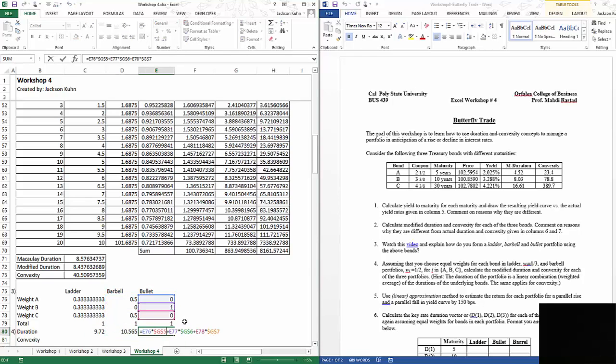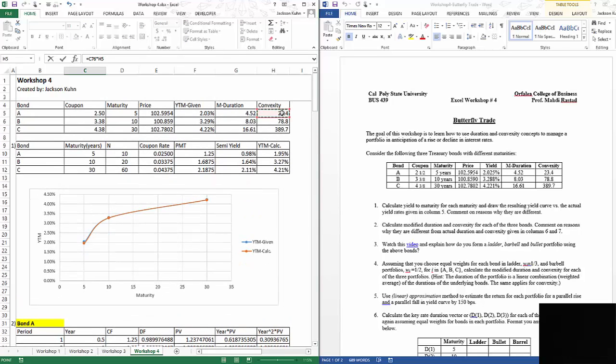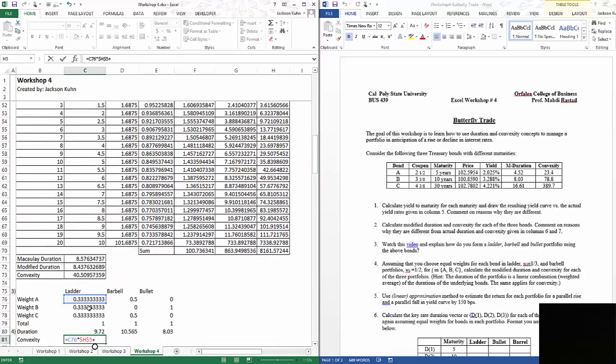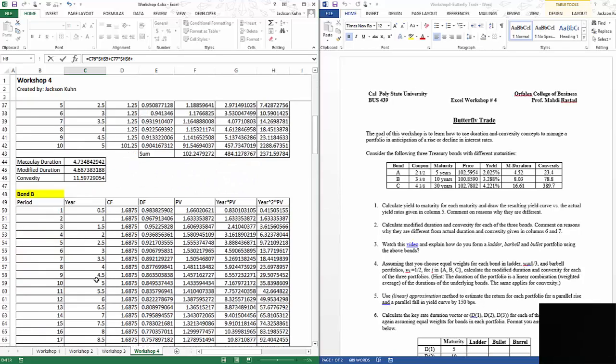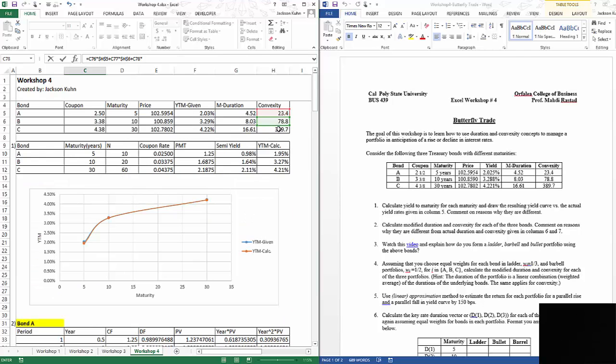And we see that they are all working correctly. So convexity is going to be the same thing as duration, but now we're going to multiply our weight times our convexity, and we'll lock that. So again, we're locking our convexity this time, plus our weight in B times our convexity for B, plus our weight in C times our convexity in C. Lock that as well.